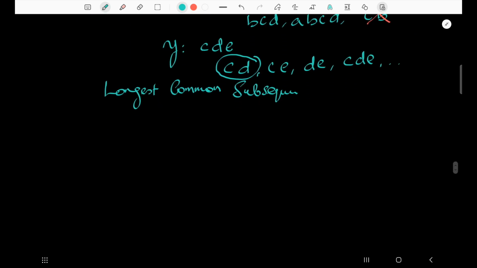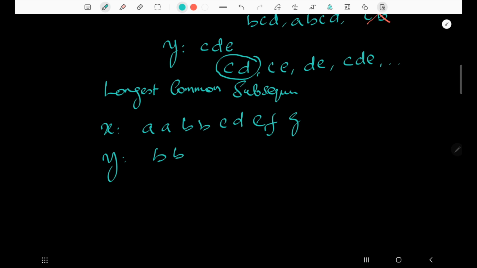Suppose we have the term, for example, X equals A, B, C, D, E, F, G, and Y equals something like B, C, A, B, D, E, a very long term.